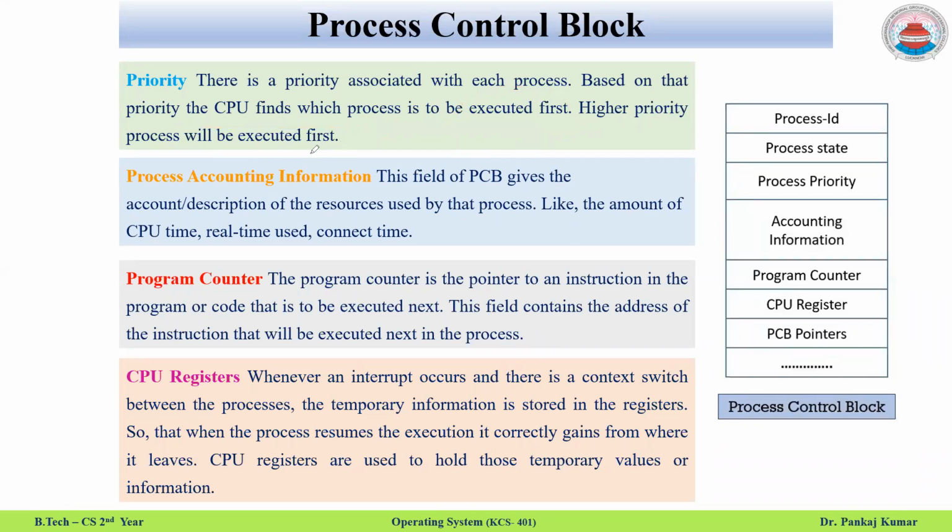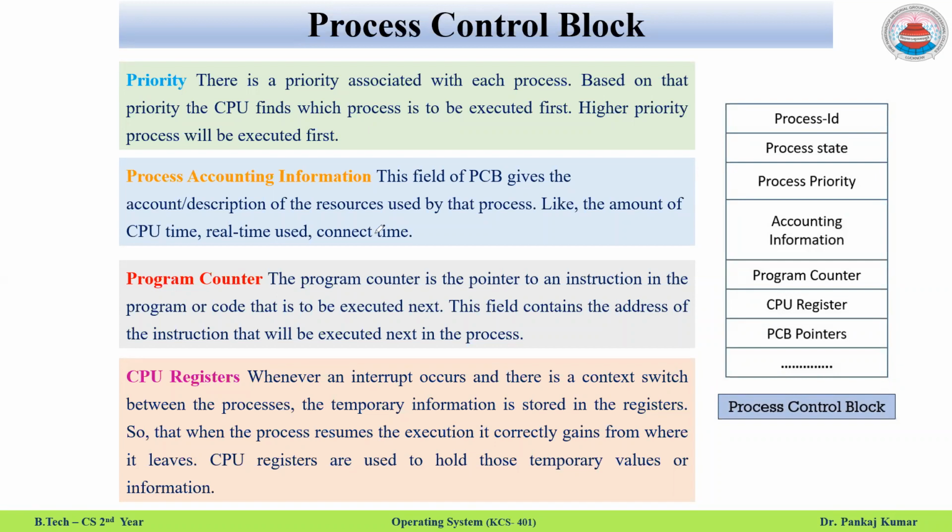Then come to accounting information. Definitely we maintain that information. This field gives the account description of the resources used by that process, meaning which types of events occur in that particular process.